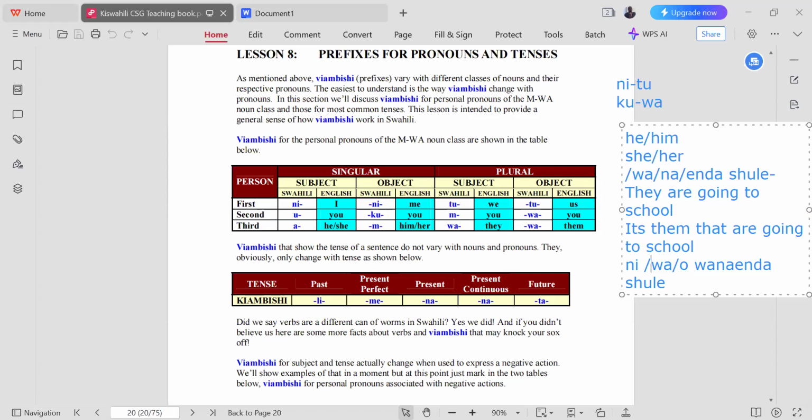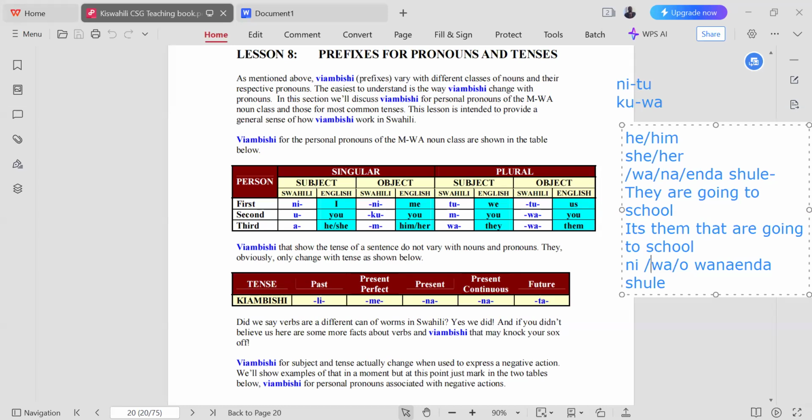Ni wao wanaenda shule. It is them that are going to school.